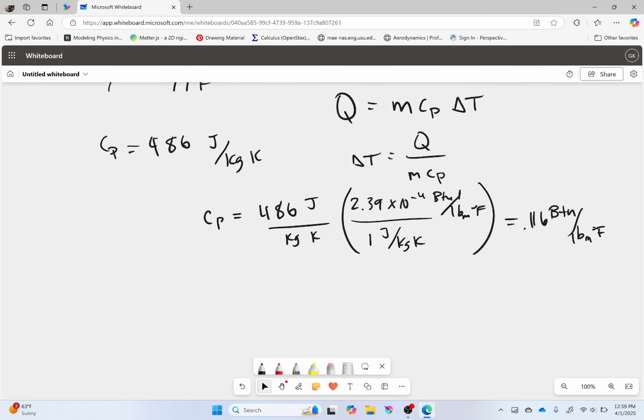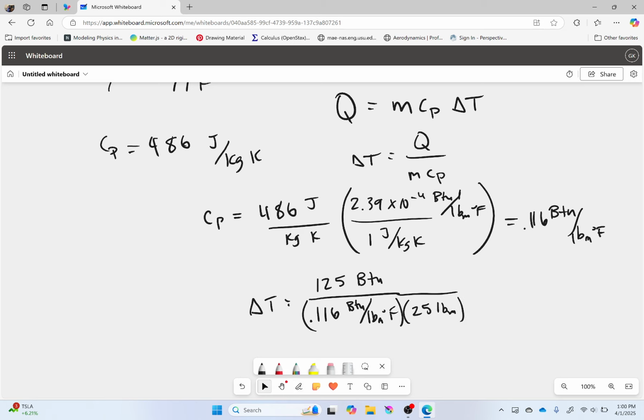At this point, I can just plug everything in. So delta T is going to be equal to Q, which is 125 BTUs, over my specific heat, which I now have, which is 0.116 BTUs per pound mass degree Fahrenheit, and then multiplying that by the mass, which is 25 pound mass.